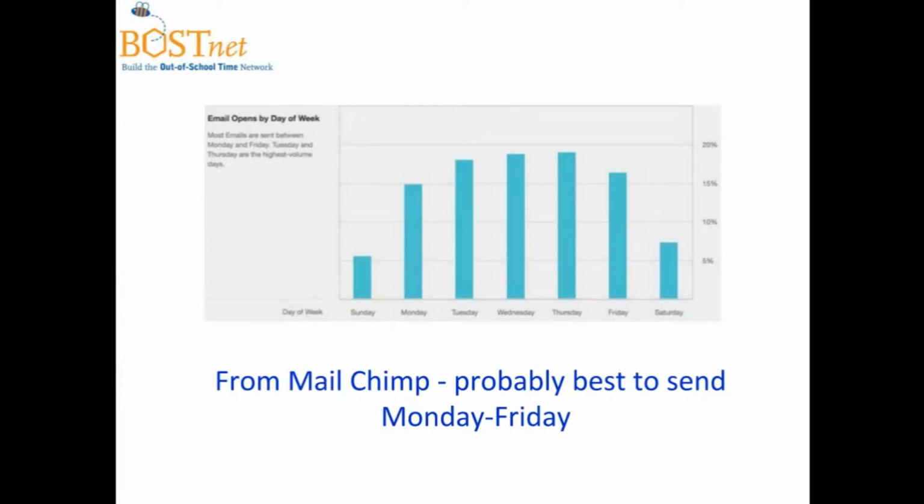That might be because it's the beginning of the week, it's a little crazy, and you're working really hard to get all those things done to prep for the week. And so some of the emails that you think are maybe less important don't get focused on. So I would encourage you to send emails on Monday through Friday and not on the weekends, unless you do some analysis and find out that the majority of people in your email list open them on Saturday or Sunday.